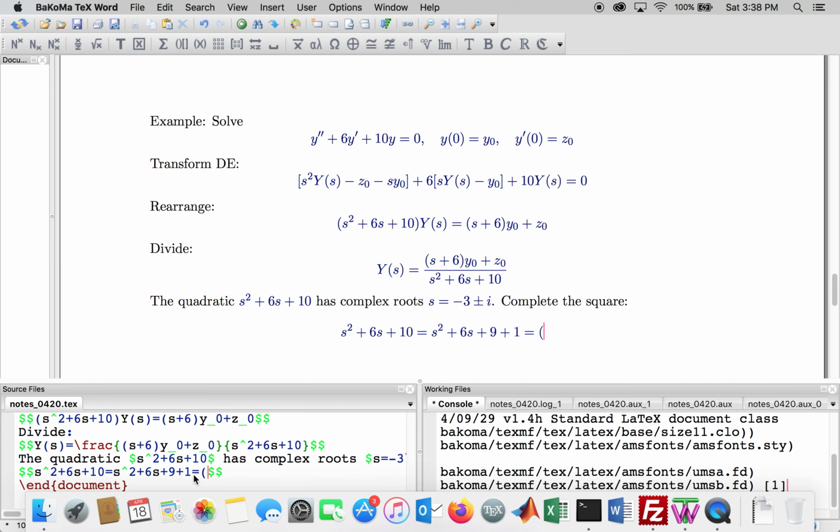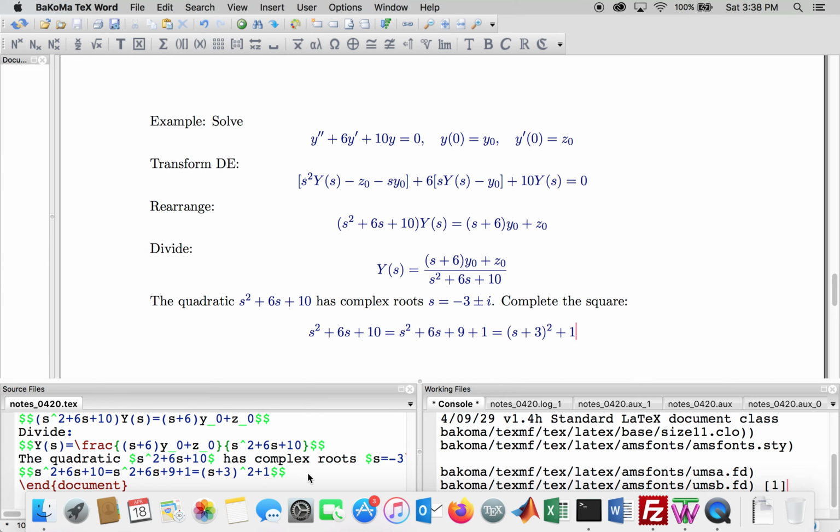So that's equal to s plus 3 quantity squared plus 1. So once you have the roots using the quadratic formula, what you're always going to have here is minus the real part in the square, and then the imaginary part squared is going to go here.